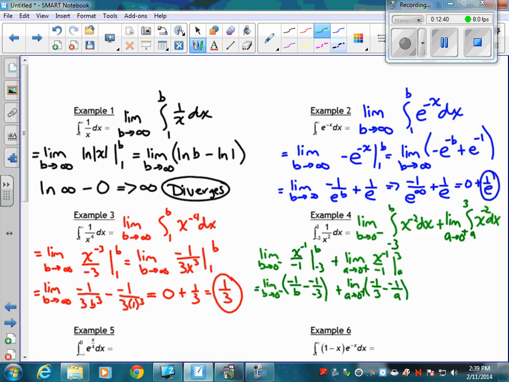So let's start evaluating this limit. At the first limit, my -1 over b is going to become 0, and then this 1/3 is a -1/3. And then in my second limit, the -1/3 will still be there, and the -1 over a as a approaches 0, the 1 over a is actually approaching infinity.